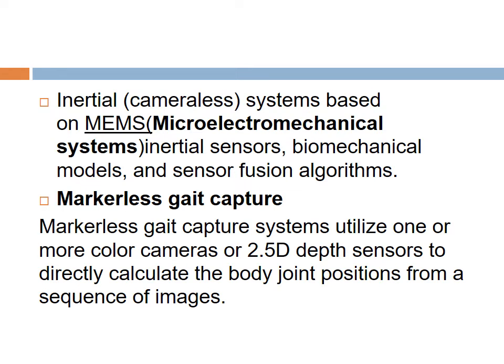Inertial systems are based on microelectromechanical systems, inertial sensors, biomechanical models, and sensor fusion algorithms. Markerless gait capture. Markerless gait capture systems utilize one or more color cameras or 2.5D depth sensors to directly calculate the body joint position from a sequence of images.